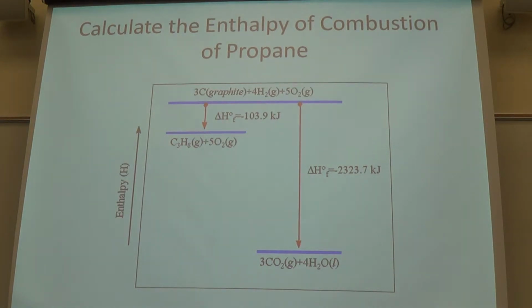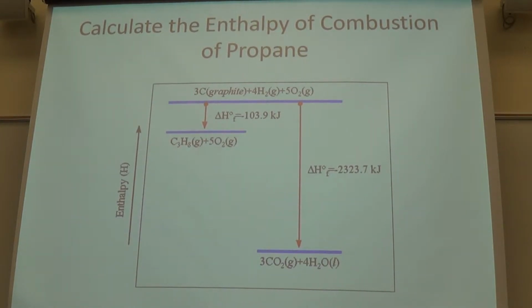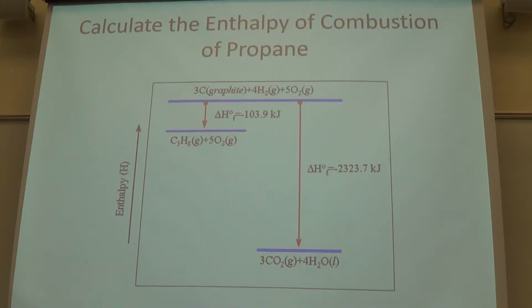And so we said that our delta H of the reaction is equal to the H of the products minus the H of the reactants. And so for the elements, that goes to 0 in their standard state.